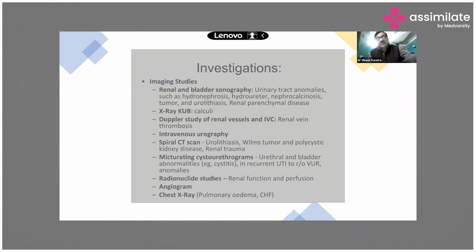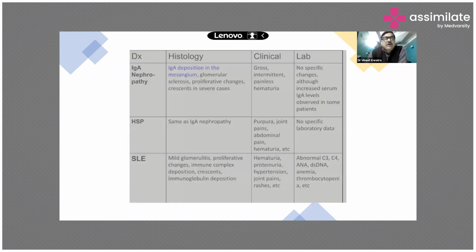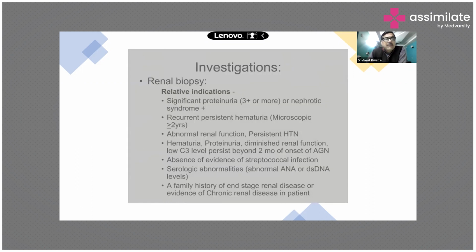During the imaging studies, I preferably take a nephrologist with me in the team and take his opinion. And maybe then, if all the investigations have been done and we are still not reaching a diagnosis, to get a 100% diagnosis, we, along with the help of a nephrologist, go ahead with the renal biopsy.